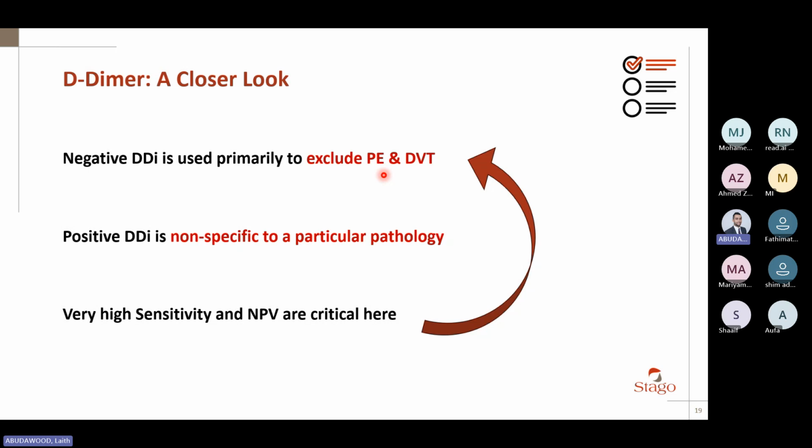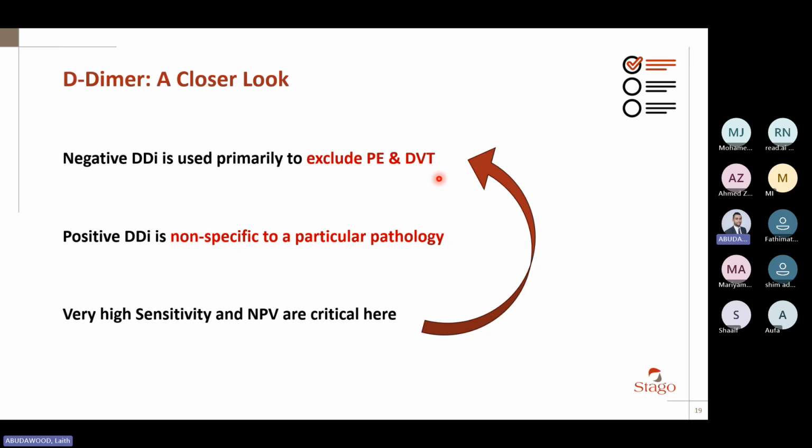These are two pathologies that are caused by a clot in the blood vessels. Normally, we do not want clots in the blood vessels if there is no bleeding, if there is no cause for a clot, because that means that we might block the blood vessel. What's behind that point might start to die because of the lack of a blood supply. So PE and DVT are clots that form in the blood vessels where they should not be.